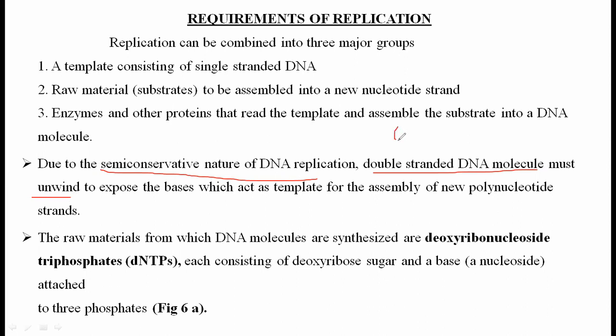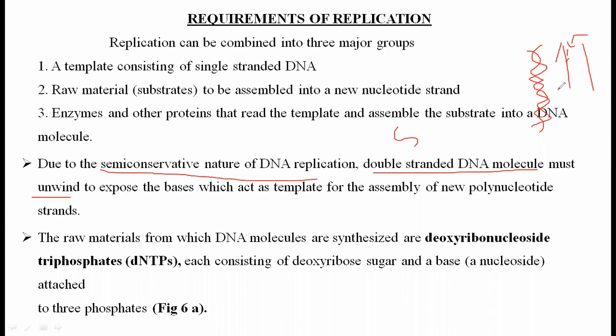If this is a double-stranded DNA molecule and it has to undergo replication, it has to unwind first. The base has to get exposed. Only then will the new base come here and attach to this. So DNA has to unwind and expose its bases.